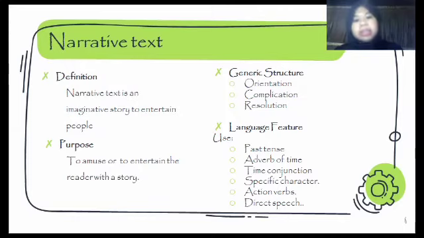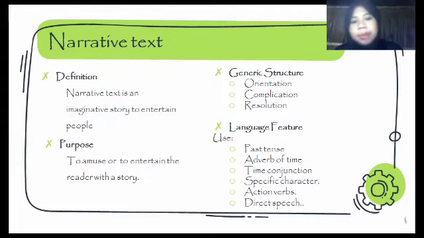Second, complication. Complication is where the problems in the story develop. There is a conflict in complication. The third of the structure is resolution. Resolution is where the problems in the story are solved. There is a happy ending, bad ending, etc.